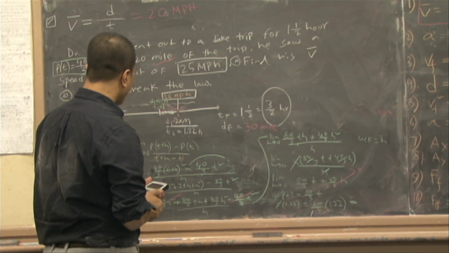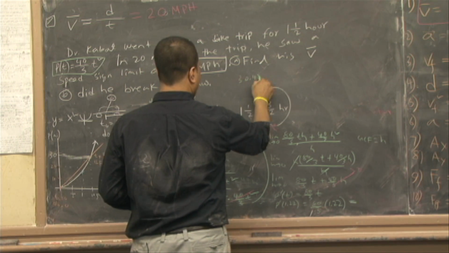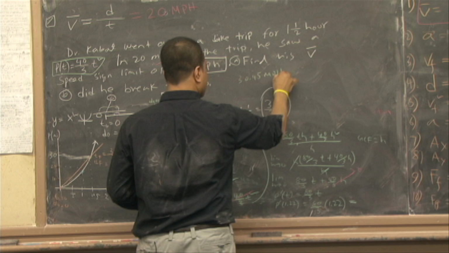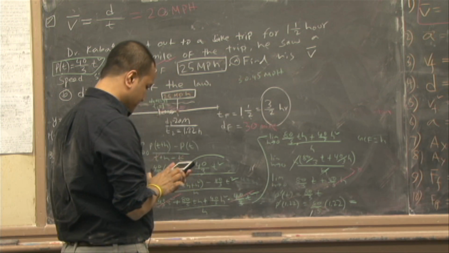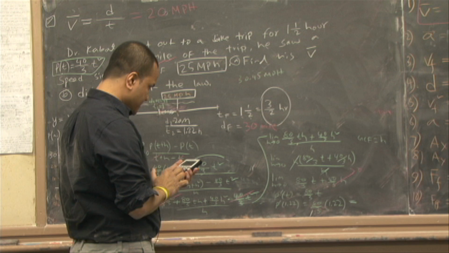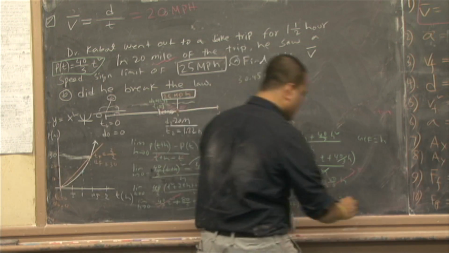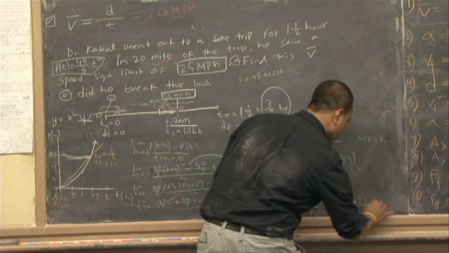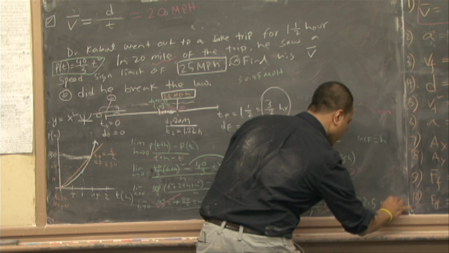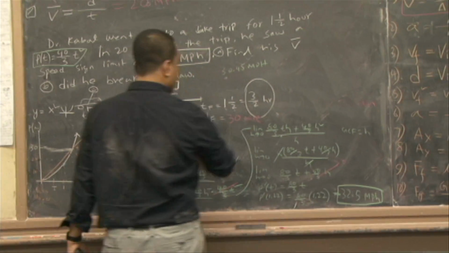In algebra we saw he was speeding at 30.45 miles per hour. Let's see what calculus gives us. 80 divided by 3 times 1.22 gives us 32.5 miles per hour. That is more correct than the algebra answer.